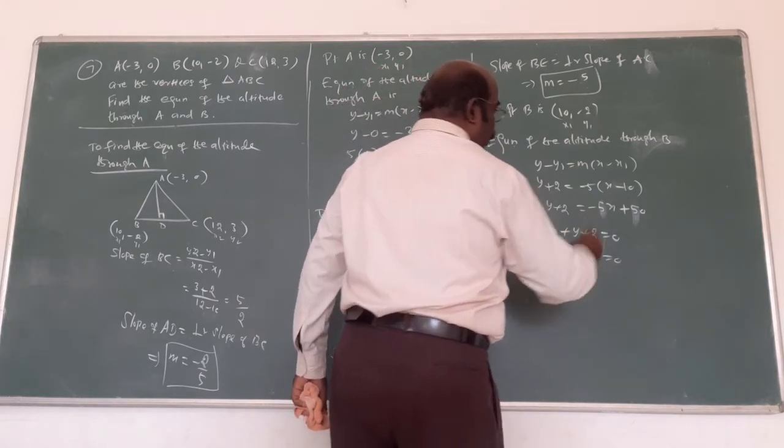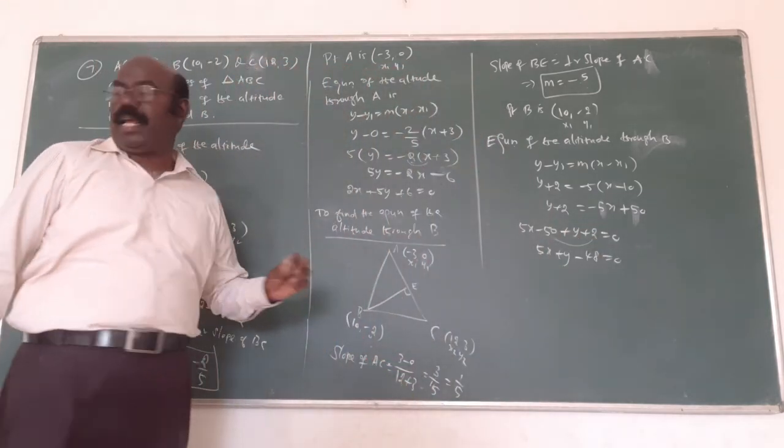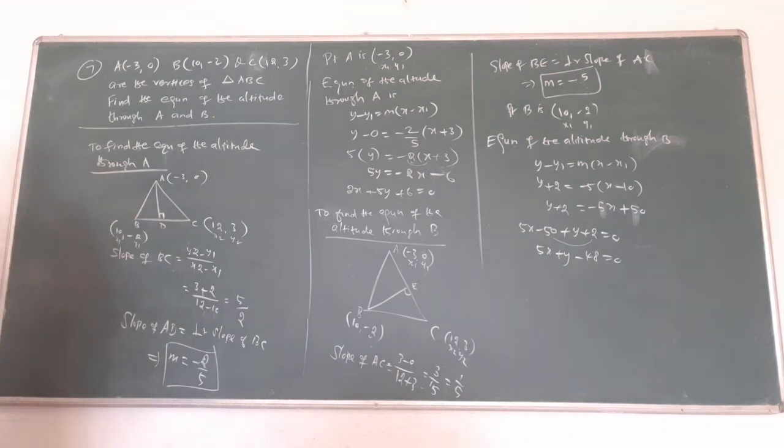For two subdivisions, one asks the equation of the altitude through A, and the next asks the equation of the altitude through B. Sometimes both are combined together, five marks. Otherwise only one question, five marks. It is an important five-mark question.